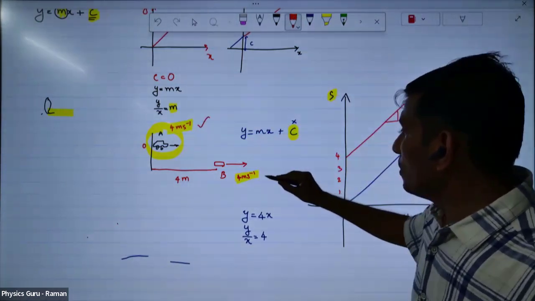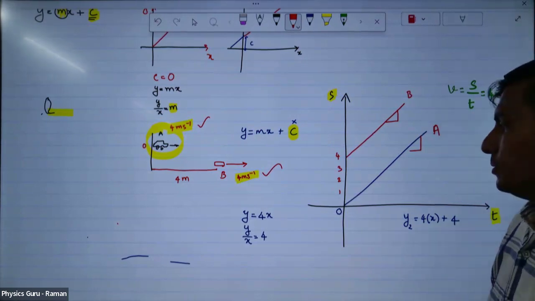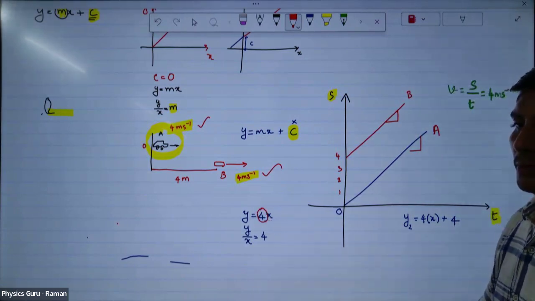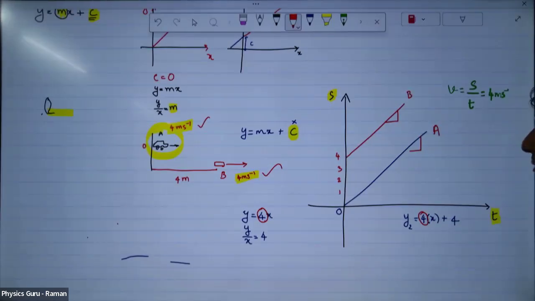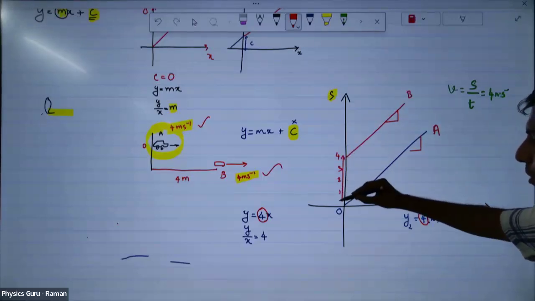The velocity is equal to 4 meter per second. Am I right? So slope must be equal to 4. Correct? So in the place of m, I wrote 4. Yes, sir. Okay. What is c? The initial value. For the second person, it is 4.